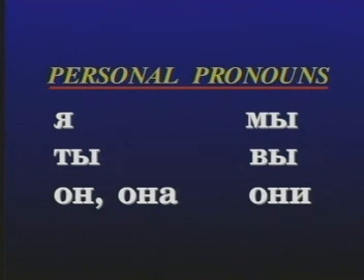And now let's look at our plural pronouns. Мы, вы, они. Мы по-английски we, вы, you, plural, они, they. Я, ты, он, она, мы, вы, они. Хорошо. Now we are ready for the verbs.